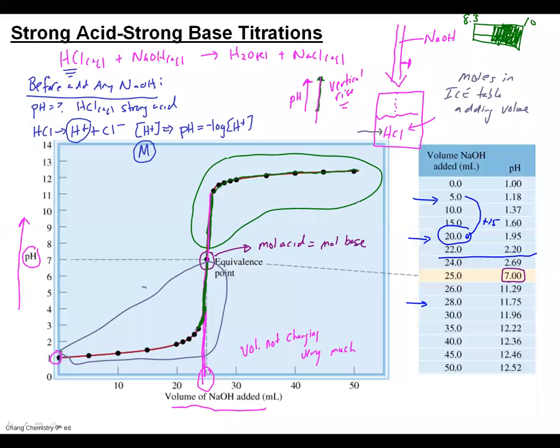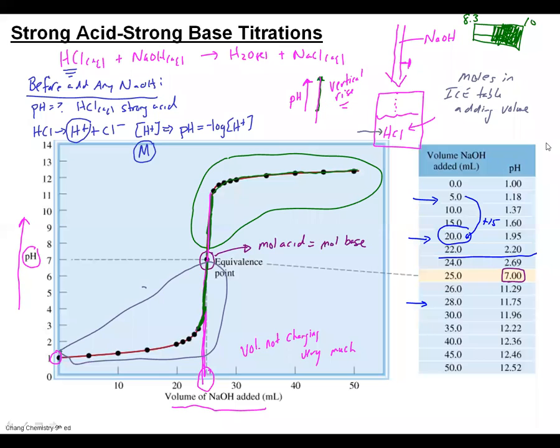After that ice table is done, you can convert the moles back to molarity by using the total volume, which in titration terms would be the volume of the acid you started with plus how much base you added. At that point you have the molarity of your strong acid, and you can go into the pH equation with the concentration, which is what you need.